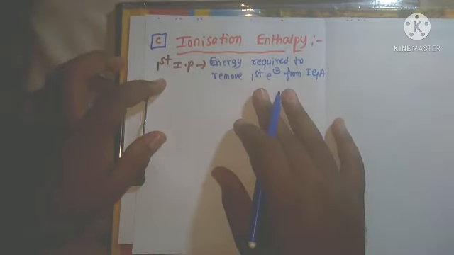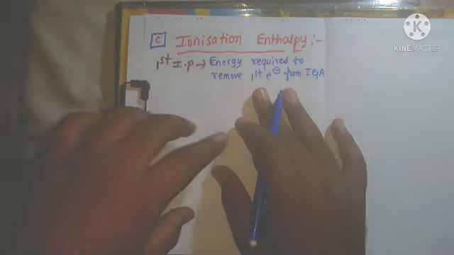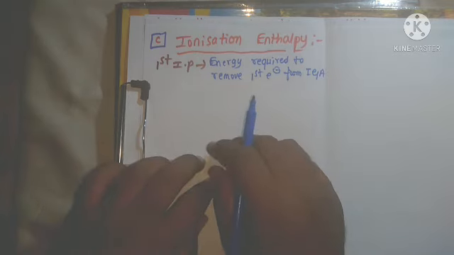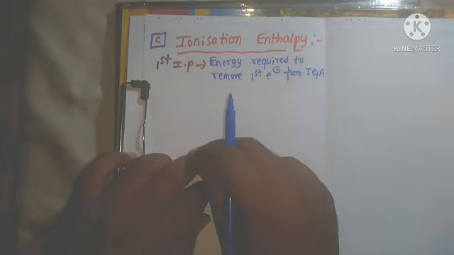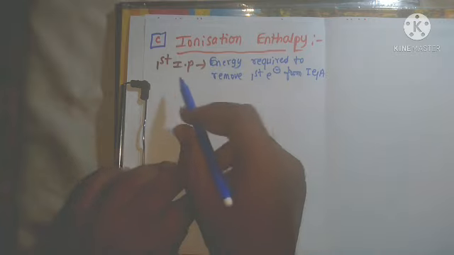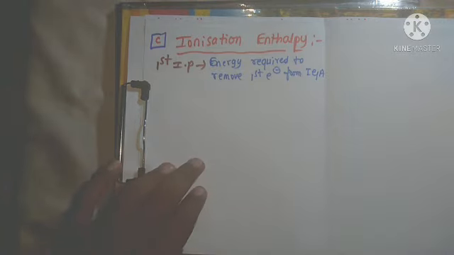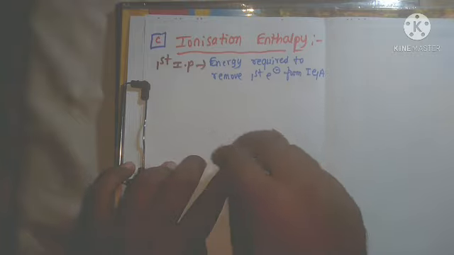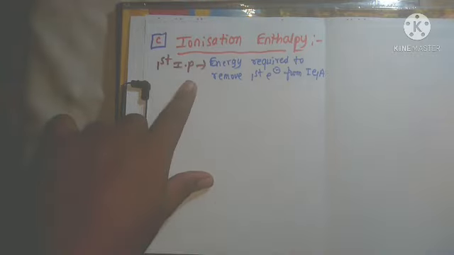That energy required is called first ionization potential. For removing the first electron in an isolated gaseous atom, the energy required is called first ionization potential.